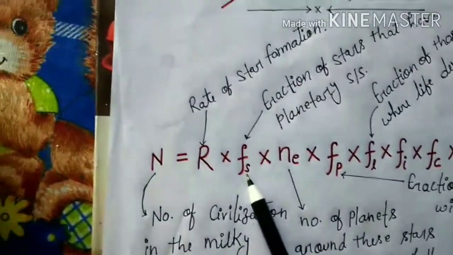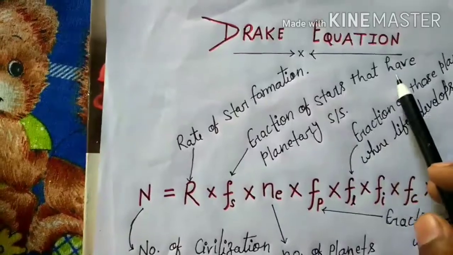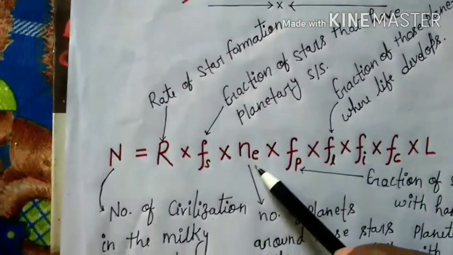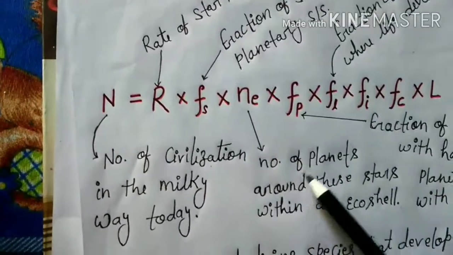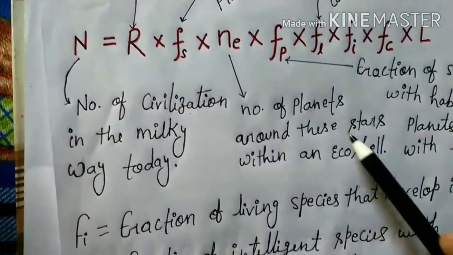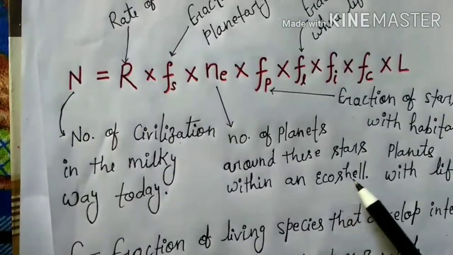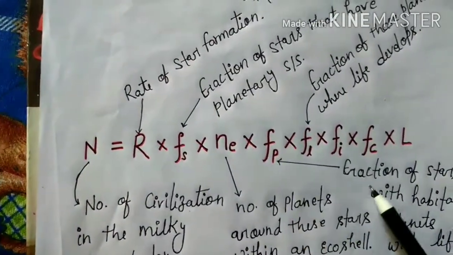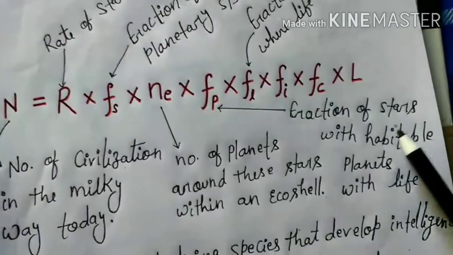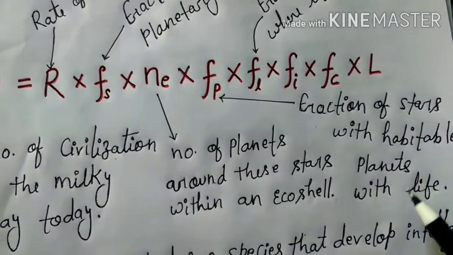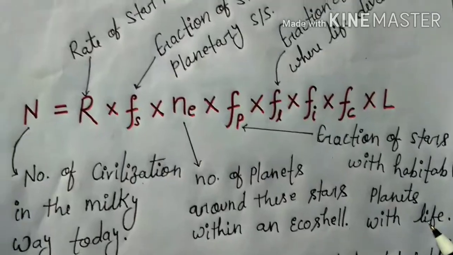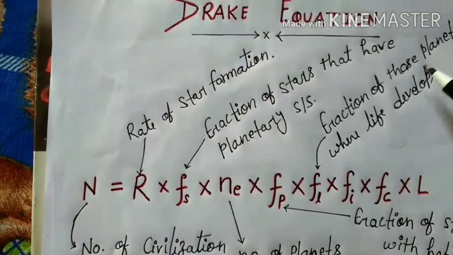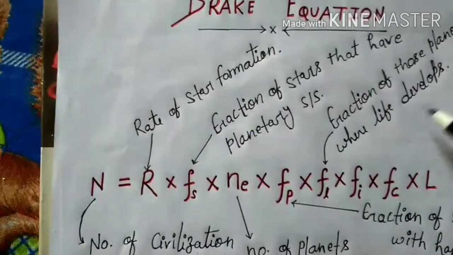F sub s is the fraction of stars that have a planetary system. N sub e denotes the number of planets around these stars within an ecosphere. F sub p denotes the fraction of stars with a habitable planet with life. F sub l shows the fraction of those planets where life develops.